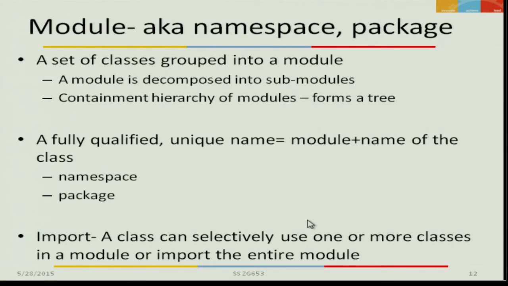Importing is a notion where a class can selectively use one or more classes in a module, or import the entire module. Now please relate this with the module structure again, where we learned a relationship called uses. A module uses a feature of another module, or functionality of another module. This is what it is.